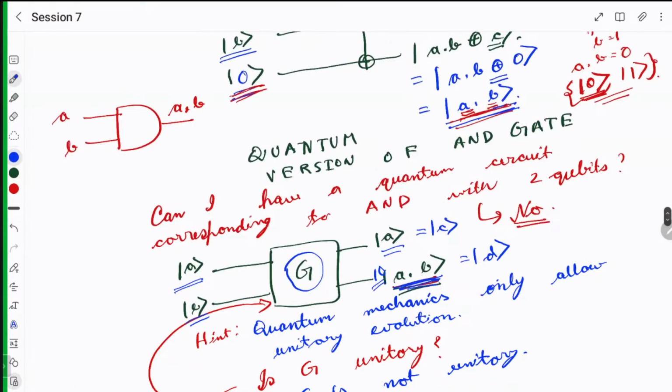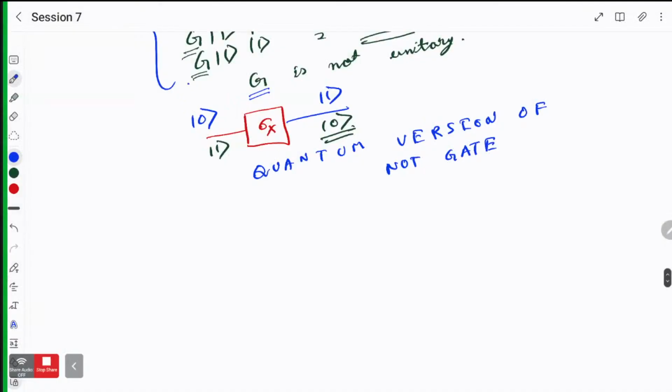Now, if you remember from Boolean algebra, if you have a NOT gate and an AND gate, you can form a NAND gate with it.